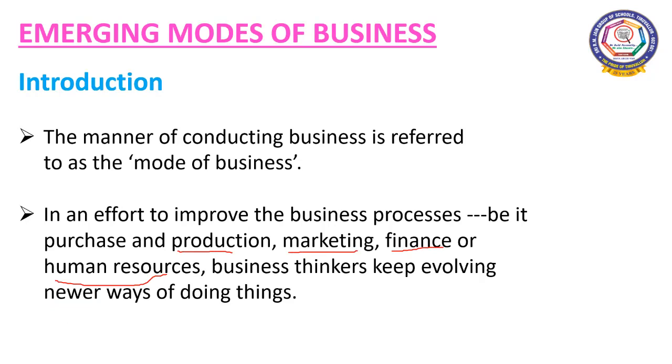So nowadays, business thinkers keep evolving newer ways of doing things. They are following these methods, that is production, marketing, finance, human resource, everything in different modes of business. They are doing it in a different form using the electronic medium called internet services. So to improve the business processes, they keep evolving newer ways of doing business.